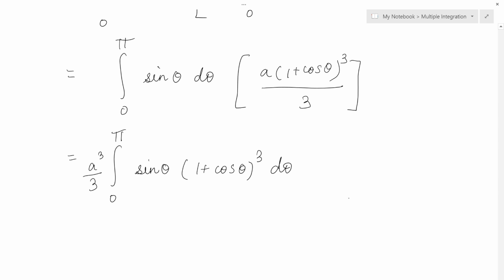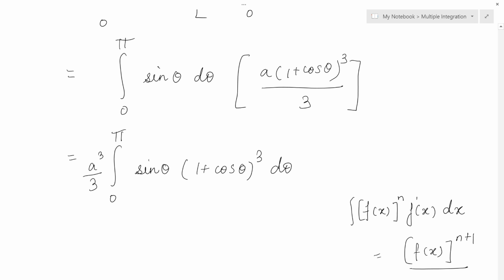Let me write that formula, integration formula we have done in the earlier sum. F of x raised to n, into f dash of x dx, this can be written as f of x raised to n plus 1 upon n plus 1. This is my formula. So now 1 plus cos theta, the derivative of 1 plus cos theta is minus sin theta. So I can multiply and divide by minus 1.